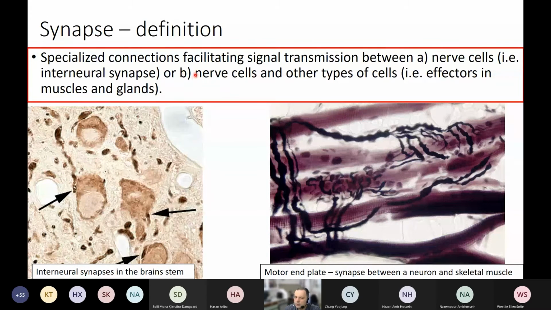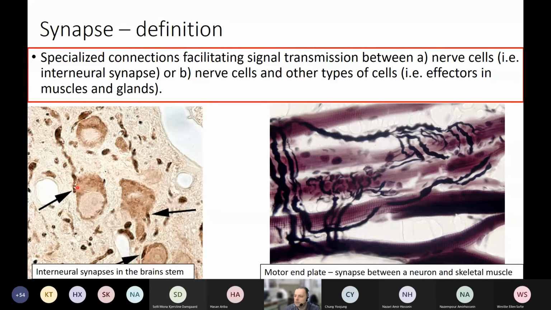But as I mentioned earlier, we have nerve cells which communicate with other types of cells, like with muscle tissue or with glandular tissue. This is found in the autonomic nervous system and also in the somatic nervous system, in the periphery, the effectors. This is discussed tomorrow. In the pictures down, you can see some nerve cell bodies in the brainstem, and here you can see some nerve fibers which approach these neurons, and you can see that there's a close relation, a so-called apposition, between these cells.